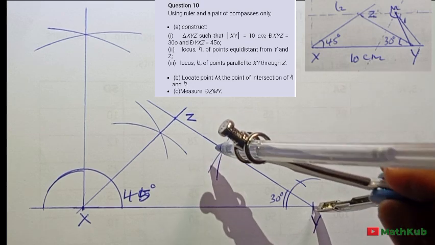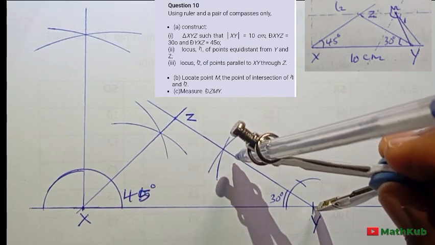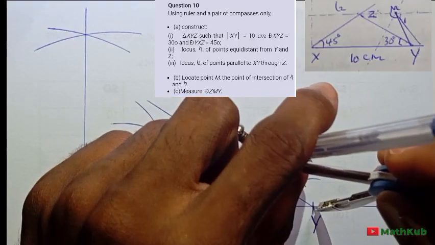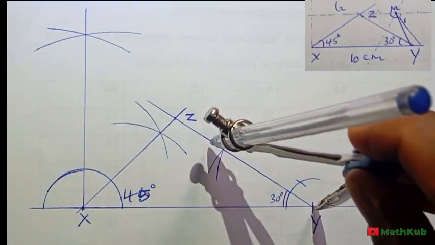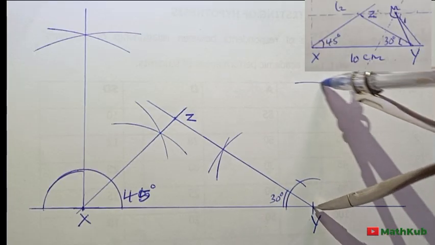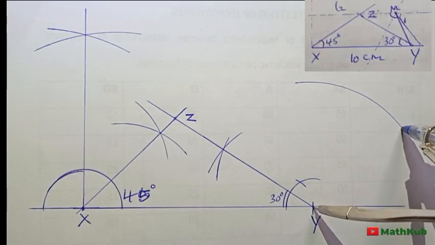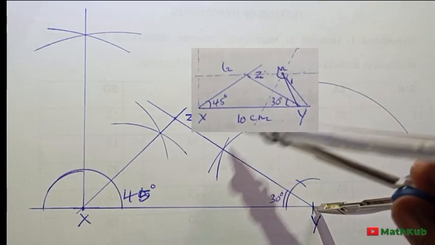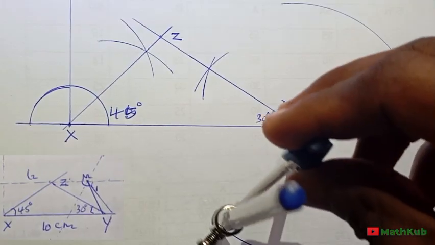Make sure you increase the radius. Then you draw an arc here, and you also draw an arc on this other side.